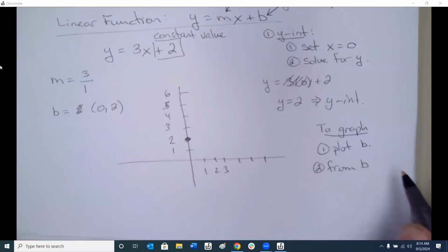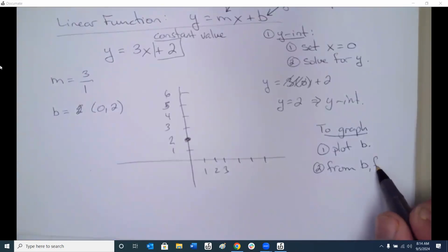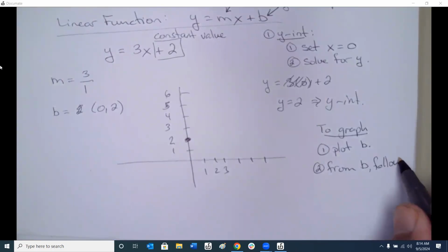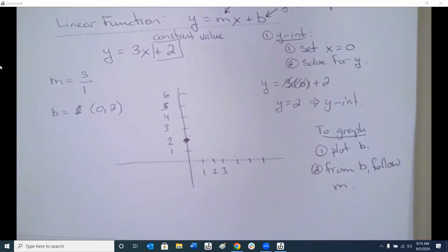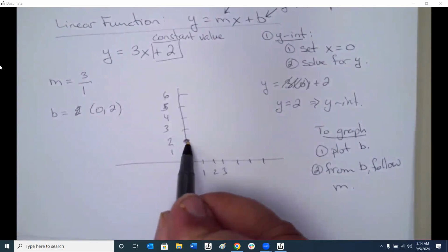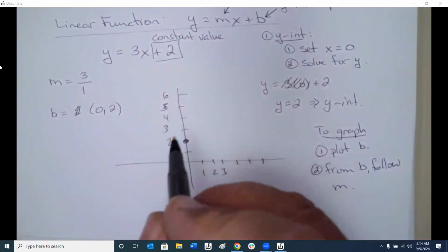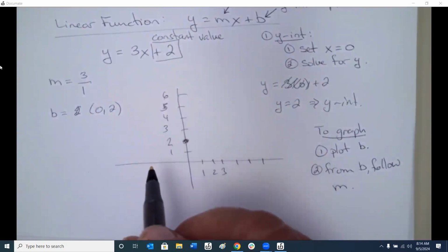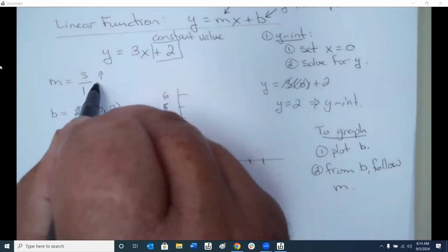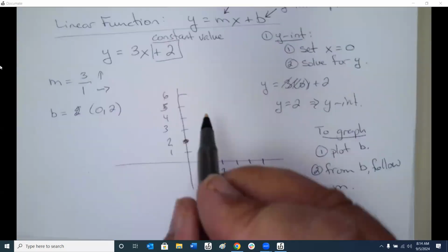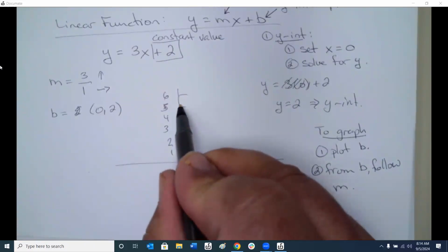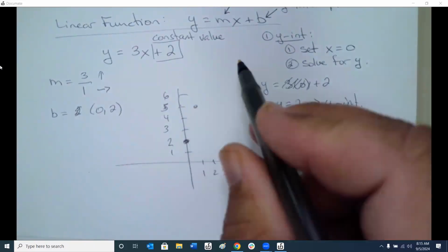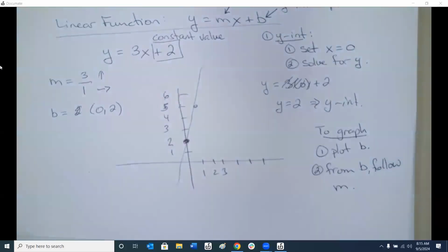And then from the y-intercept, follow the slope. So from that point, what does my slope tell me to do? Remember, it's rise over run. It's vertical over horizontal, always to the right. So it's up 3 from this one, over 1, and there's a dot. Connect the dots, you're done.